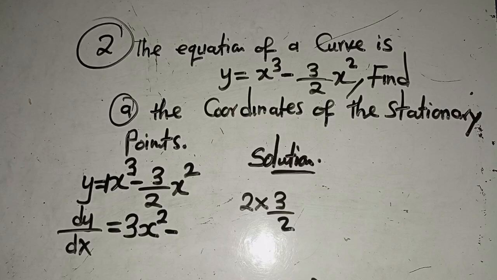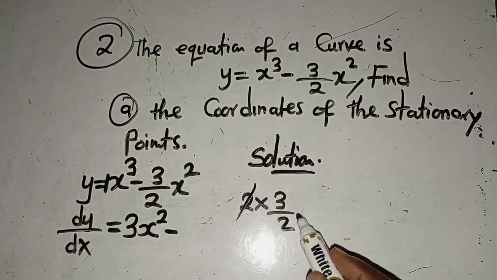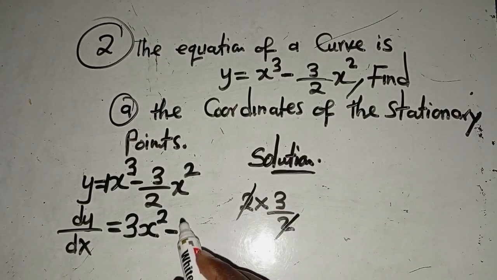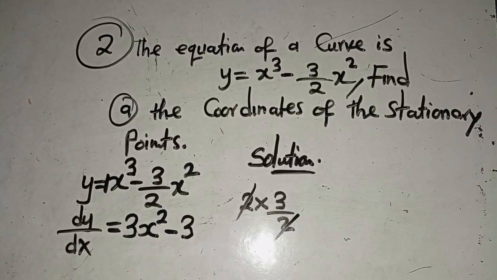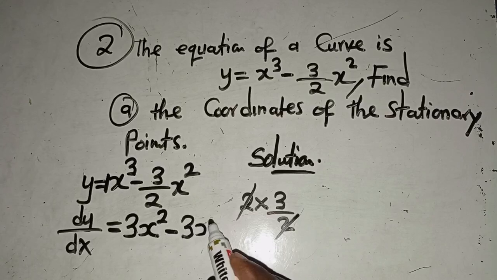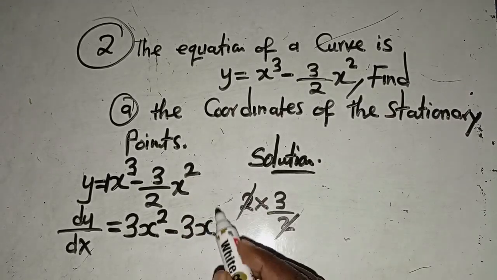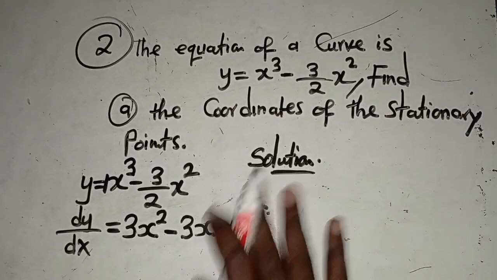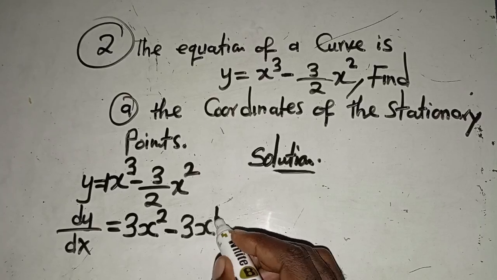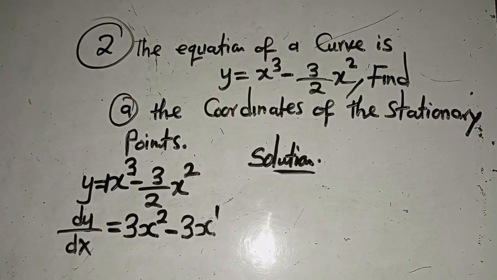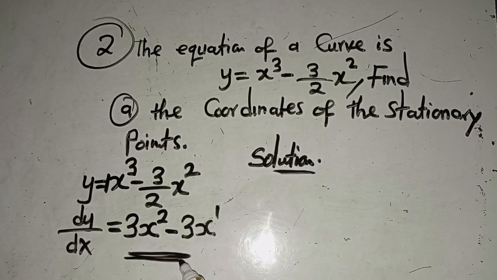This 2 and that 2 cancel out. I'll just remain with a 3 there. Have you seen? Then I'm going to have x there. 2 minus 1 is 1, so nothing will change. I just leave it like that. We don't indicate the 1, but if you want, you can show it like this. So this is what we've done, and we've differentiated. This is the answer we get.